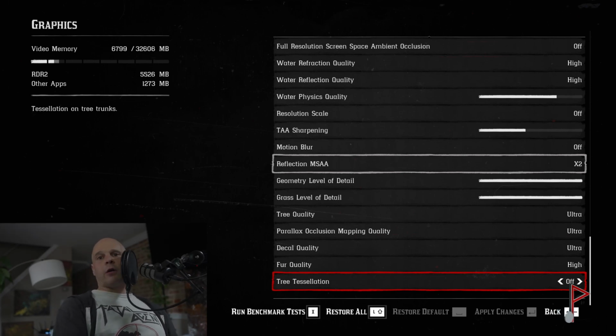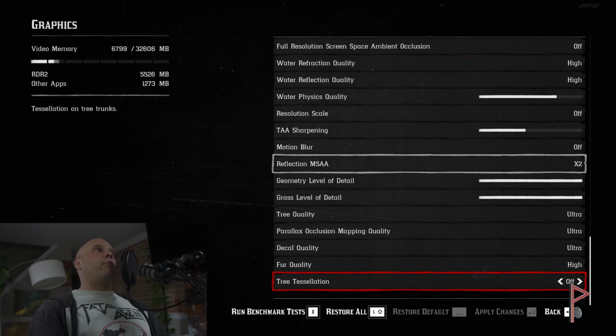In the early versions of TAA, you had a lot of ghosting. Rapid object movement can introduce some problems as well and cause ghost trails. So that's a little bit of a primer on TAA, on these anti-aliasing techniques.